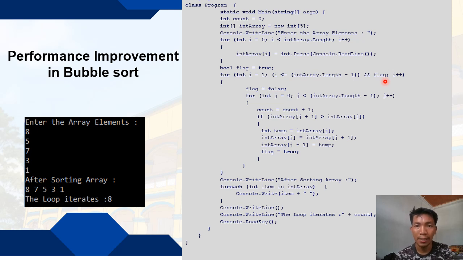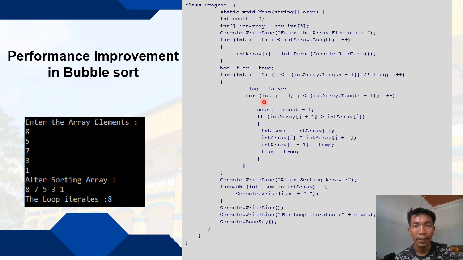So we see here that in the first for loop, we have an iteration from 1 up to the size of the array, which is 5, less than or equal to 5, and if flag returns true, then the loop continues. As it goes through the for loop structure, flag is assigned false.